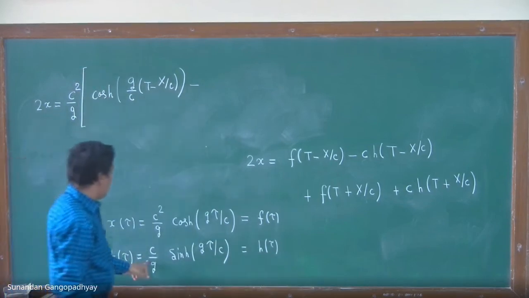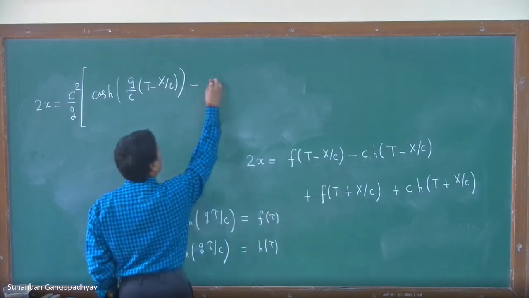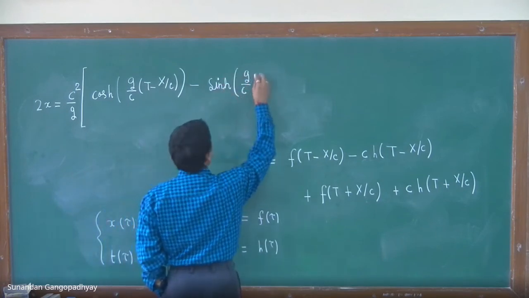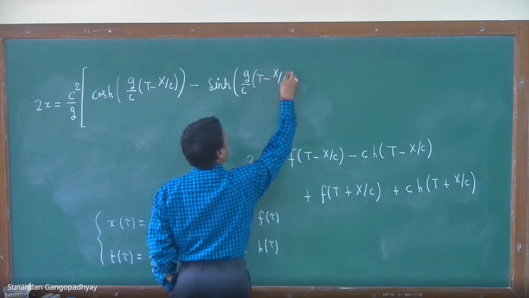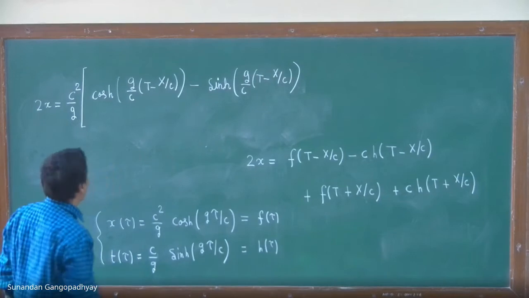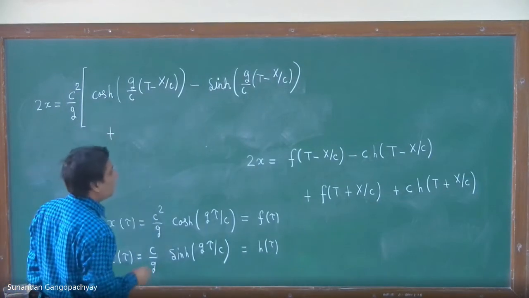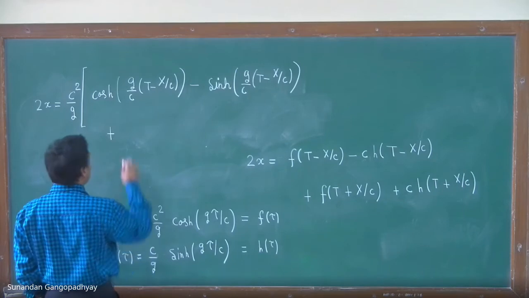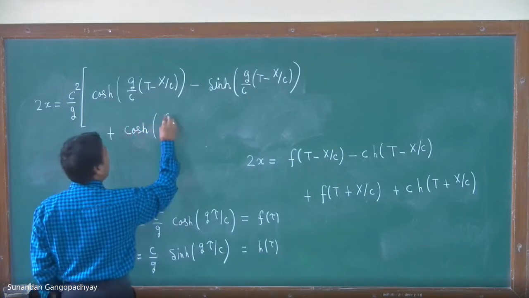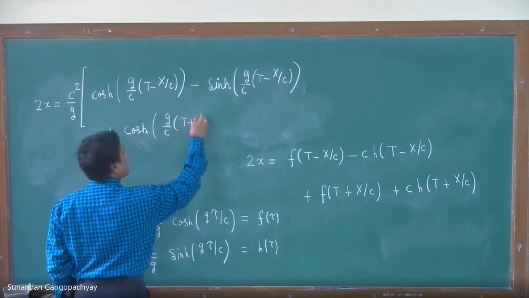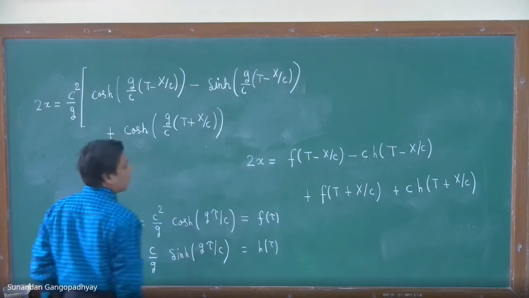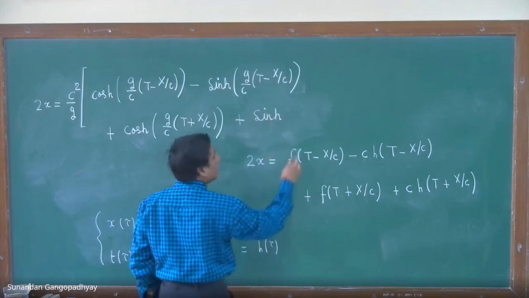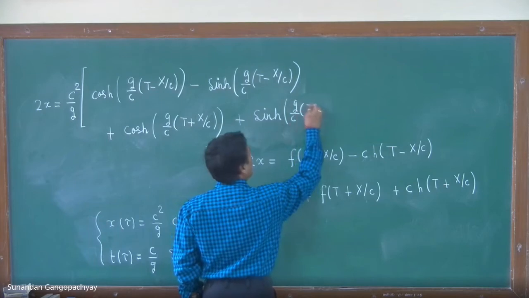Take it outside because this c multiplied by this, and we will get sinh of g by c, plus f of t plus x by c, plus h, that is h is sinh evaluated at t plus x by c.